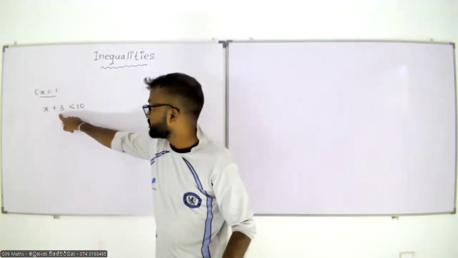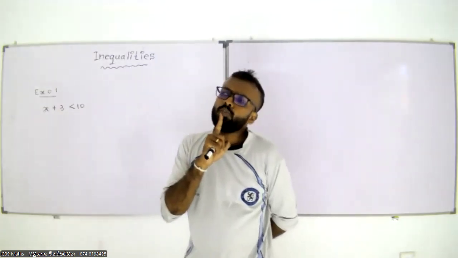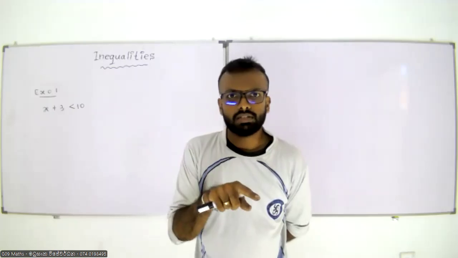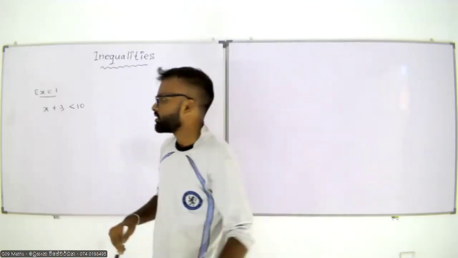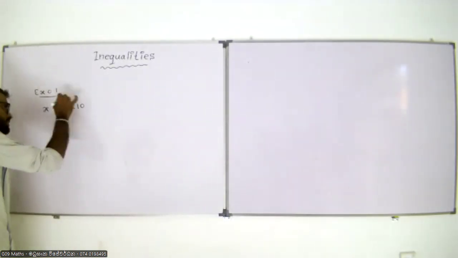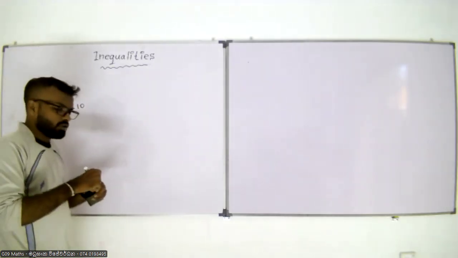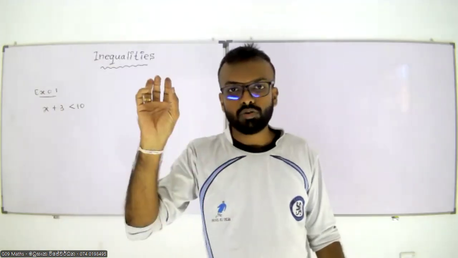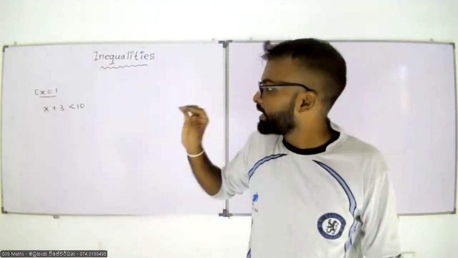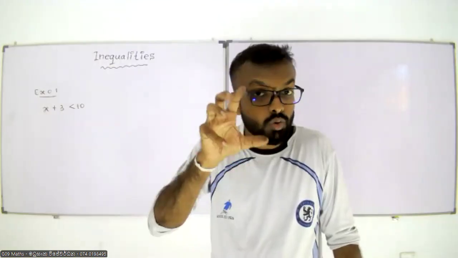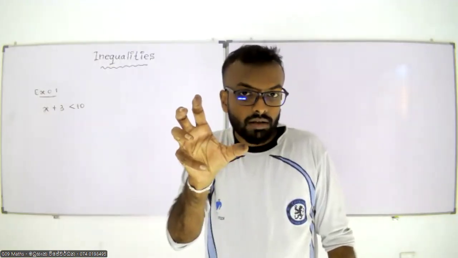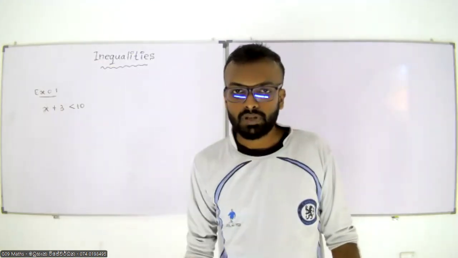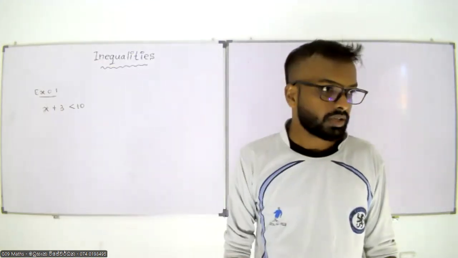Positive 3. How to remove positive 3? Subtract 3 from both sides. This is an inequality, but you don't need to worry about that. The thing you are going to do is isolate x on your left hand side because you are going to obtain an inequality for x to get the solution.